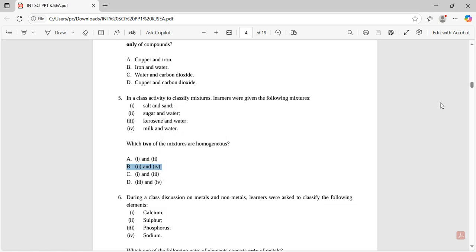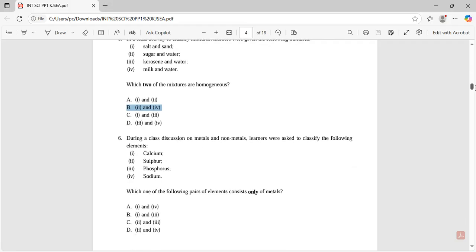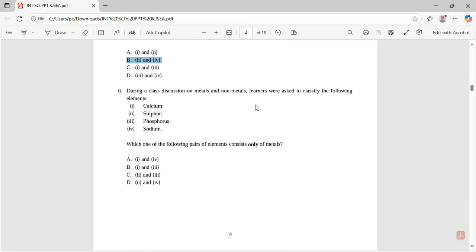Alright, moving on to the next. Next is, during a class discussion on metals and nonmetals, learners were asked to classify the following elements: calcium, sulfur, phosphorus, and sodium. Which of the following pairs of elements consist of only metals? So my choice here is, first of all, sodium, choice 4. You go with the one with choice 4. Which one has choice 4?